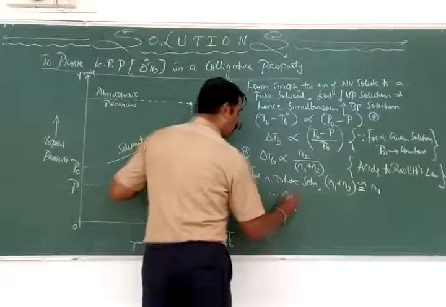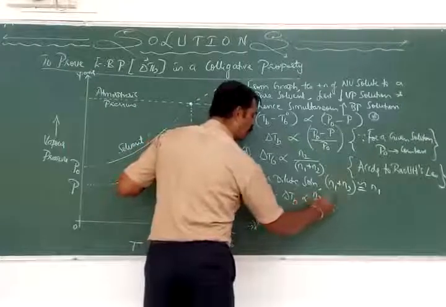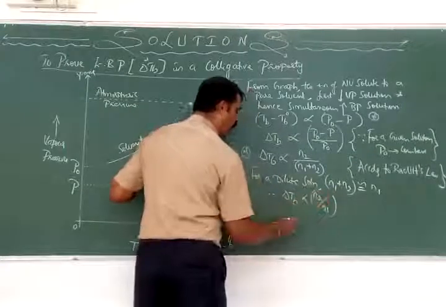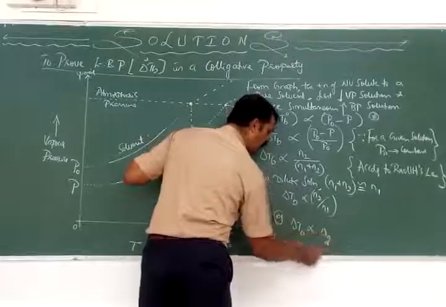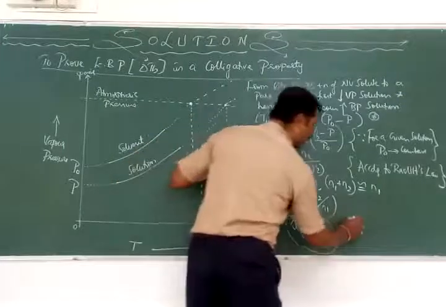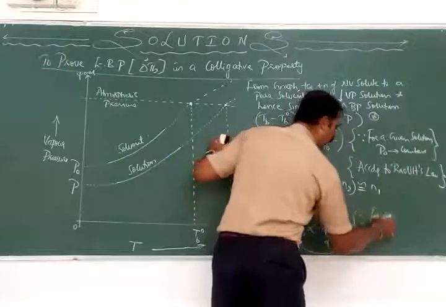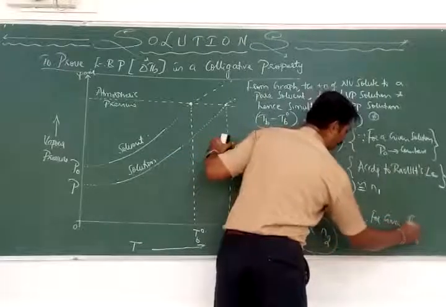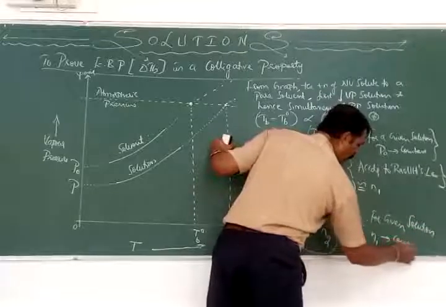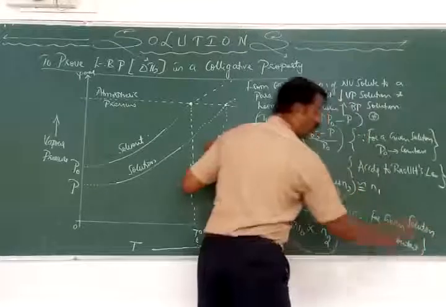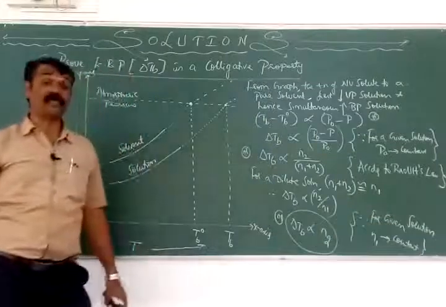Therefore, delta TB is proportional to N2 divided by N1, or delta TB is proportional to only N2. Why? Because again, for the given solution, N1 is constant. N1 is the number of moles of solvent, which is constant, but the solute is varying.